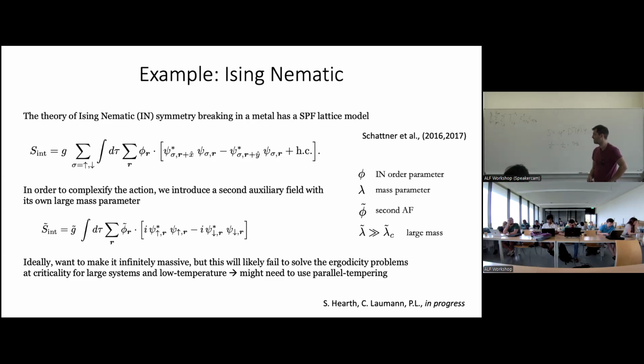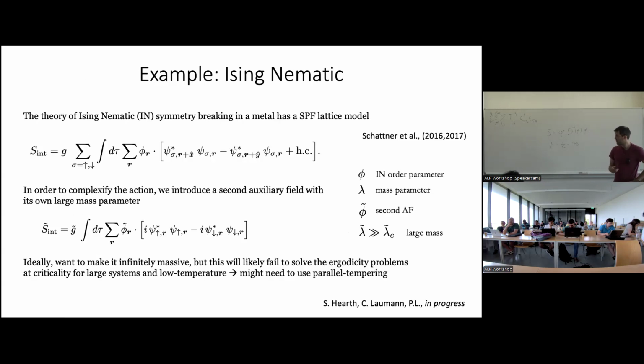So it might be the case that we need to use some parallel tempering to go between the regime that we want, which is very large lambda tilde, and the regime that we can access with no ergodicity breaking, which is small lambda tilde. So this is work in progress with Sumner Hearth and Chris Laumann.